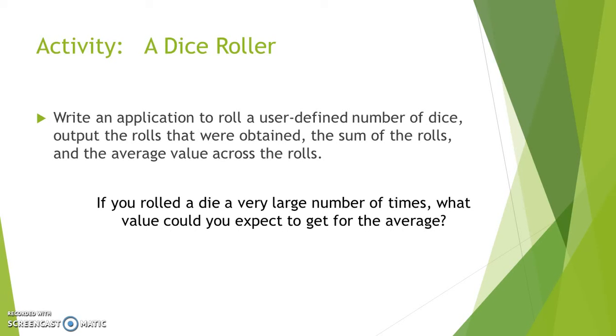But here's a very fun thing, and this gets closer to the kind of thing that I was talking about at the beginning of the movie. It's all fine to allow a user to specify that we're going to roll 6 dice, for example.